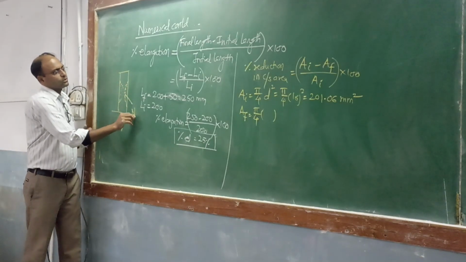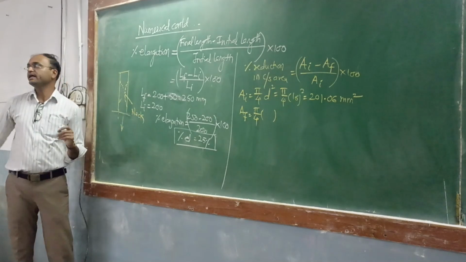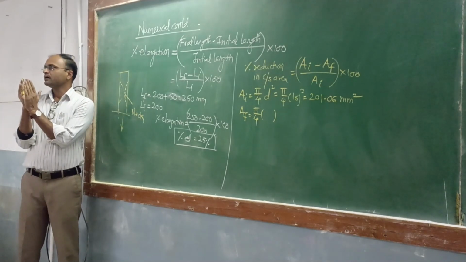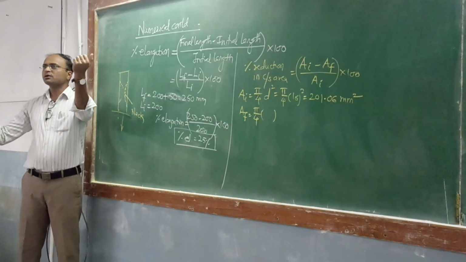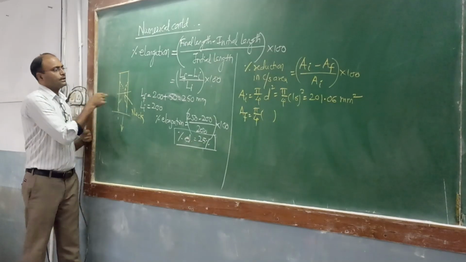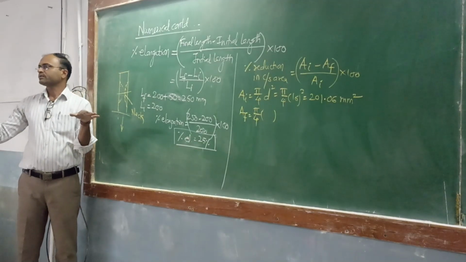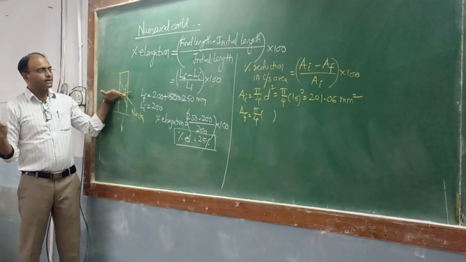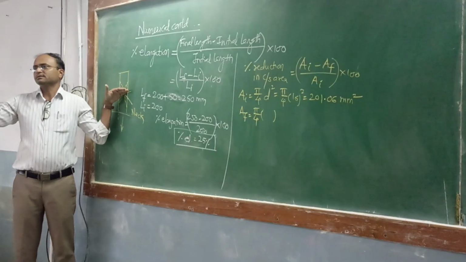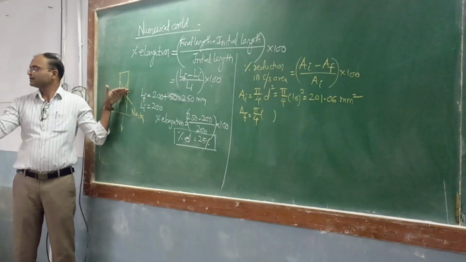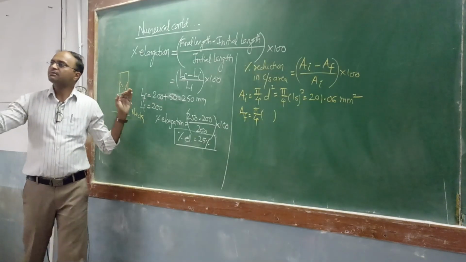This is called neck formation. If we apply more force after this, the bar breaks here. Is it clear? So the diameter at the neck is the minimum diameter.